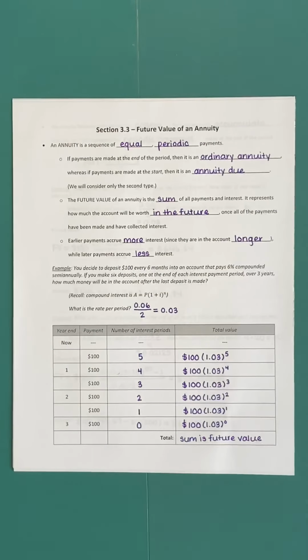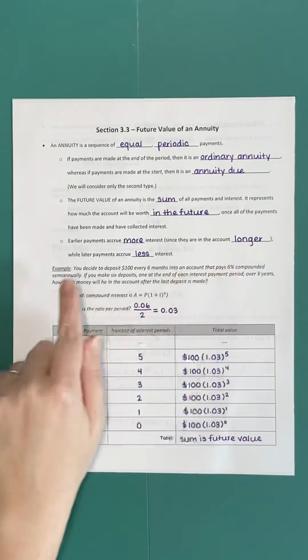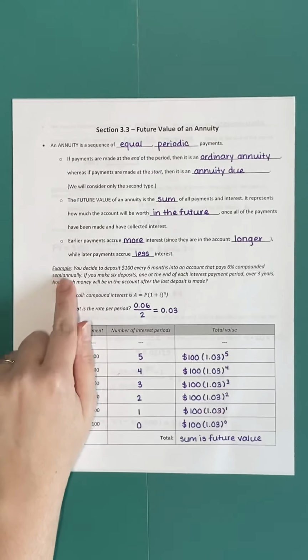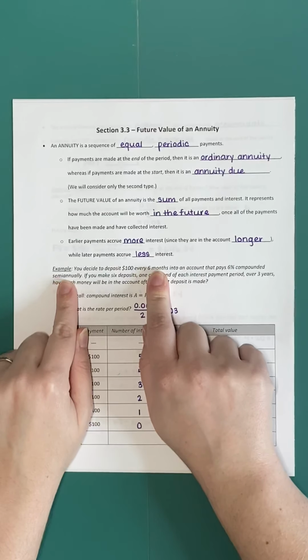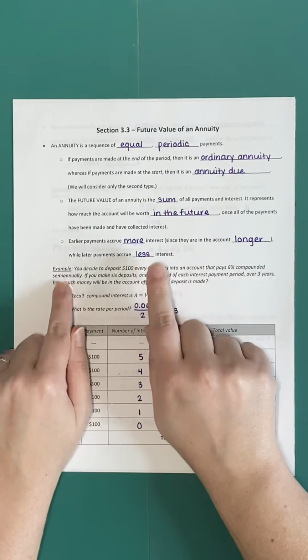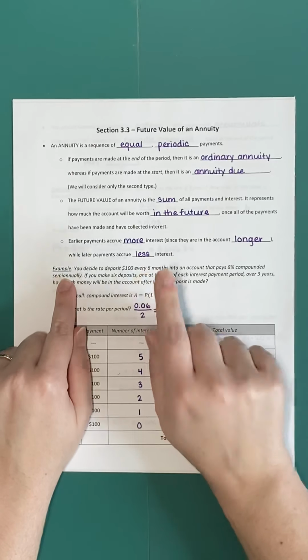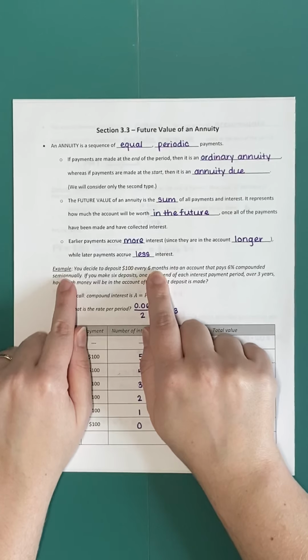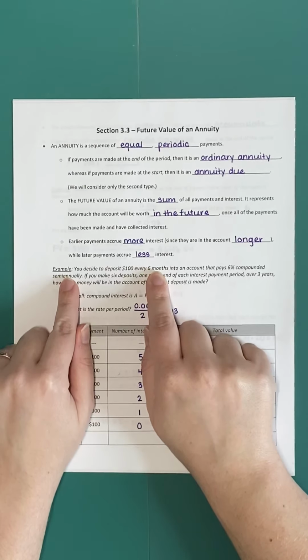Now, this particular account where we're depositing these $100 payments is subject to compound interest. So it's 6% interest, and it's compounded semi-annually. Now, one thing I want to emphasize here, notice that we're depositing things every 6 months, and we're also compounding the interest semi-annually, which also means every 6 months. These two values are going to have to be the same. So for all the situations we look at, how frequently we deposit money in the account and how frequently we calculate interest, those values have to be the same.